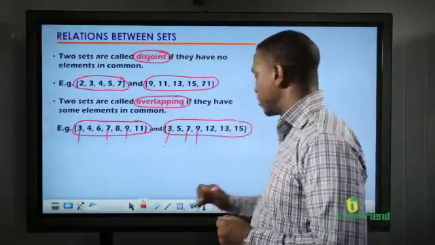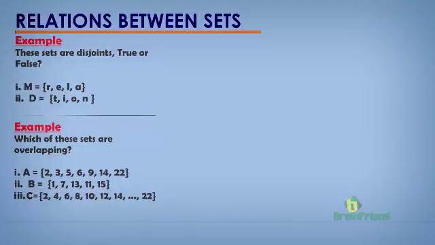Let's go on and take some examples. If we were asked to confirm if these two sets are disjoint, let's see if we can do that. M is a set that has elements R, E, L, and A, while D is a set that has elements C, I, O, M. We find out that none of the elements of our set M can be found in our set D. It therefore means that M and D, which are our given sets, are disjoint.